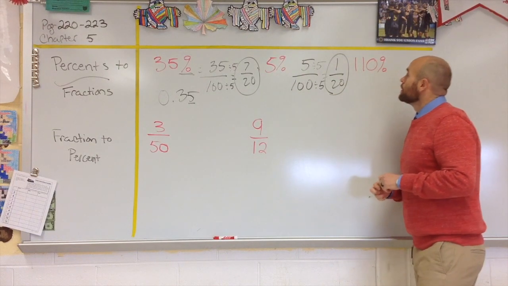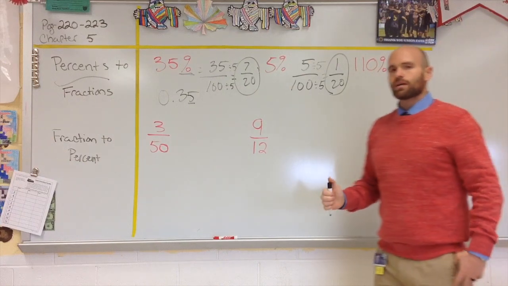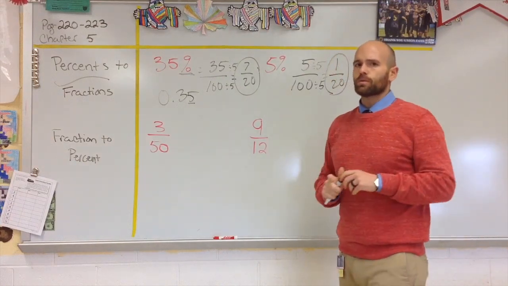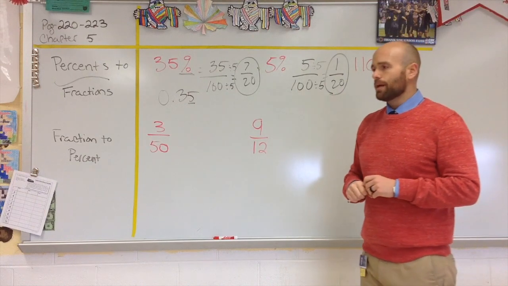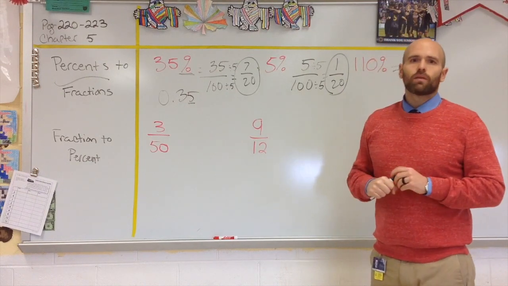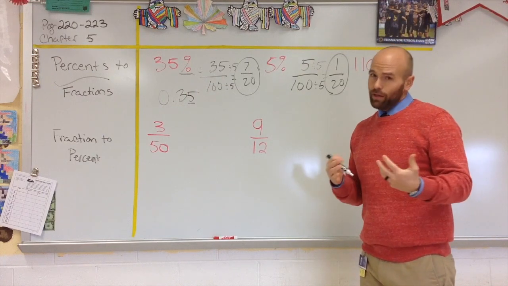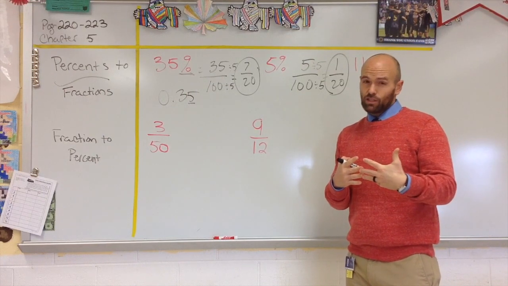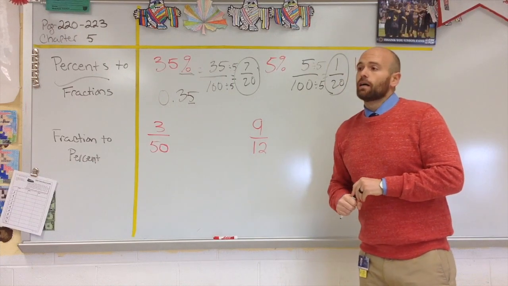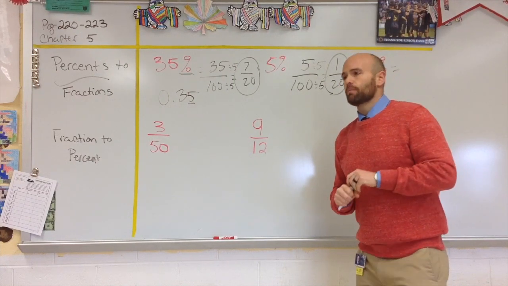answer. Lastly, whoa, Mr. Costa, what happens when we have over 100%? If any of you play sports or maybe an instrument or something where a coach or a teacher has said, hey, give me 110%. Well, in reality, it's hard to get over 100%. So it's kind of a false statement almost.